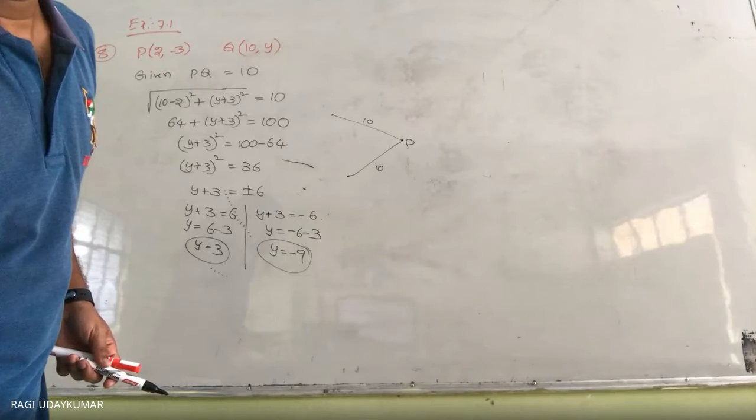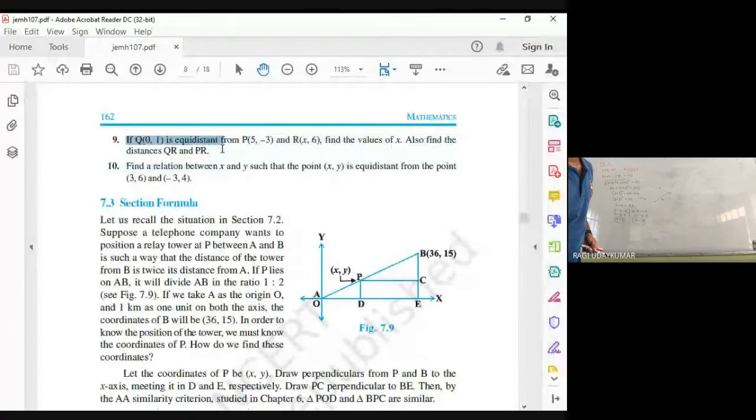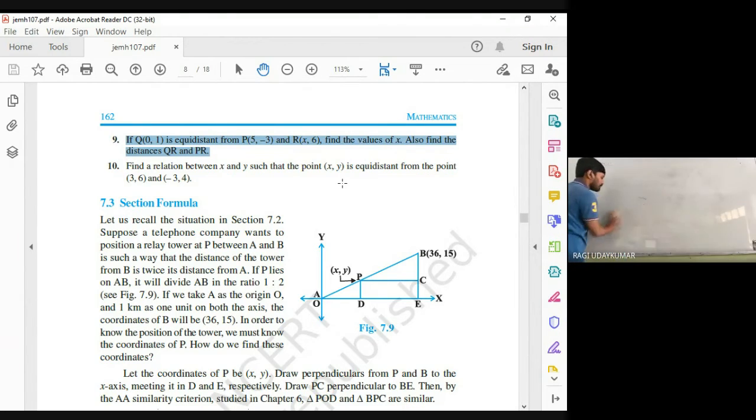So coming to the 9th question: Q is equidistant from the 2 points P and R. Find the value of X and also find the distance QR and PR. So what is the question given here?